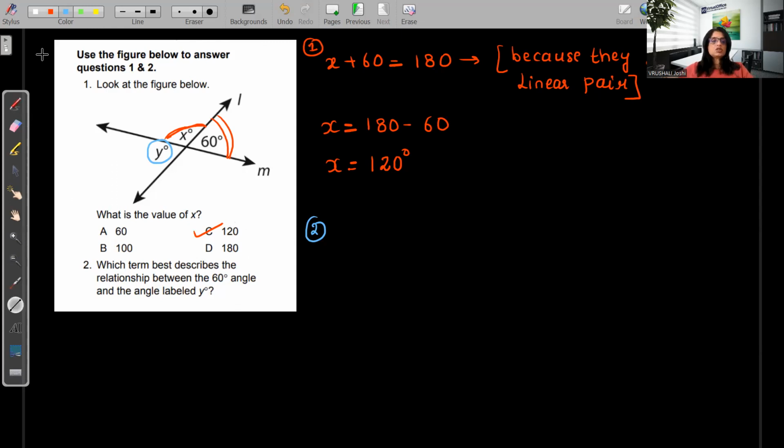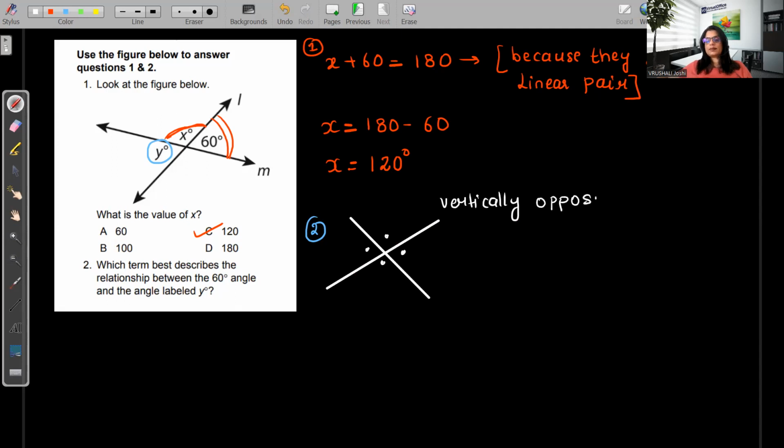What do you think? We just saw this. When two lines intersect each other, at their intersection, we have two angles that are formed, correct? This angle and this angle, or this angle and this angle. What are they called? These are called vertically opposite angles, correct? They are called vertically opposite angles.